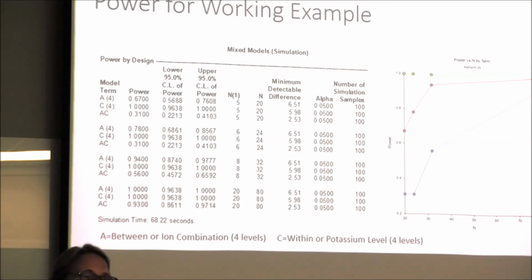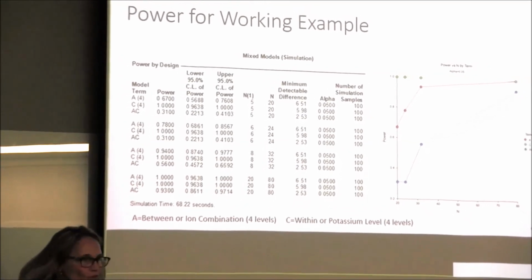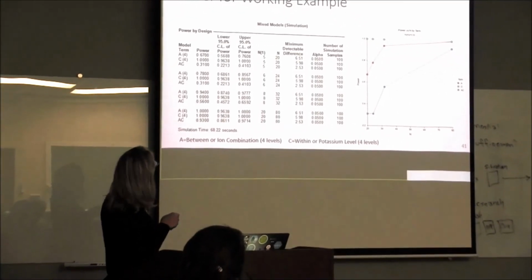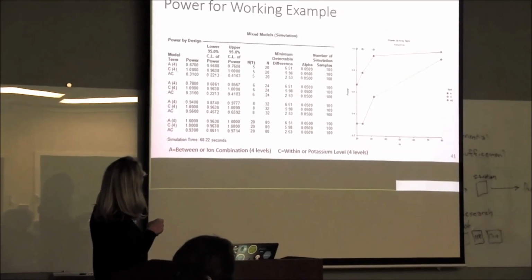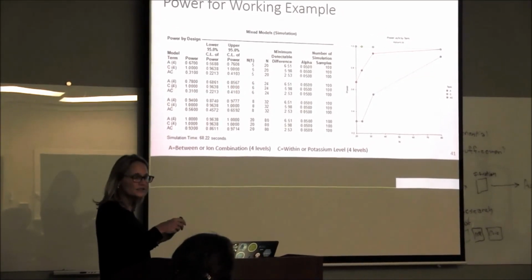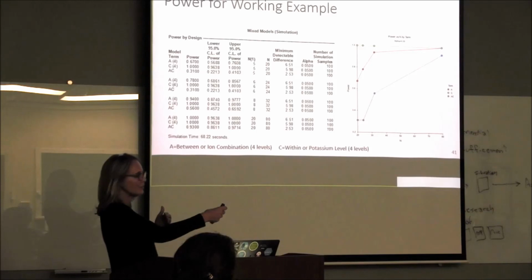And then finally, I ran a power analysis for our working example with this investigator that we're working with here. And so this is based upon a mixed effects model because that was our primary analysis strategy. You want them to match. It was based upon 4 multiple measurements on hearts across 4 potassium levels.